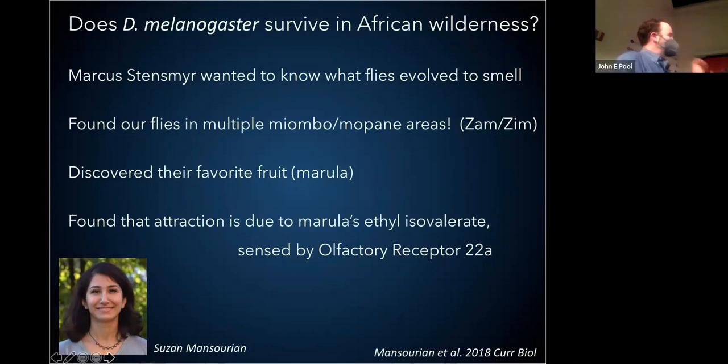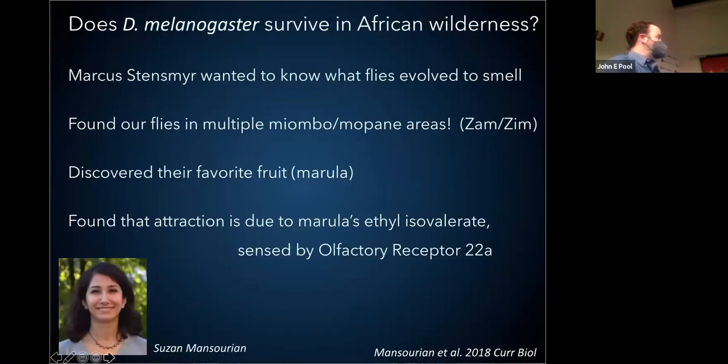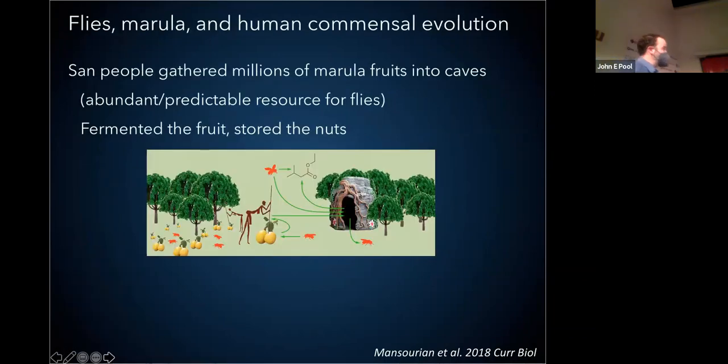And I only had a very small role in this study, looking at the population genetics of olfactory receptors, but I feel like this kind of sets the stage for what we did as well. It also sets the stage for why this scenario might have gone into the history of Drosophila melanogaster becoming a human commensal.